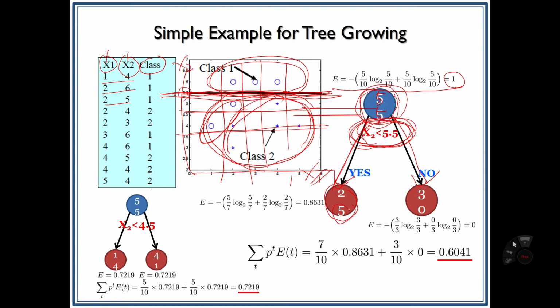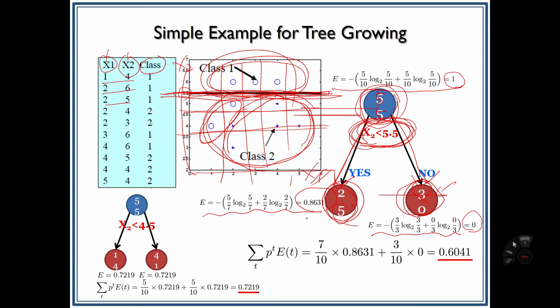We can compute the information entropy of this node by this formula, and its entropy is 0.6831. How about this other node? It is perfectly pure, because we have 3 class 1 objects only. So its information entropy is 0.